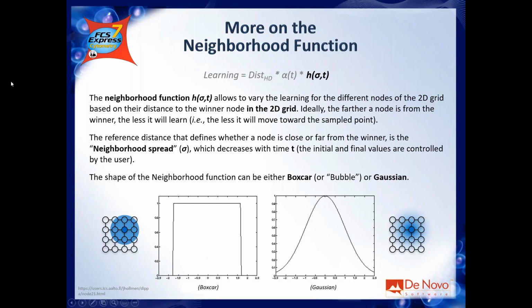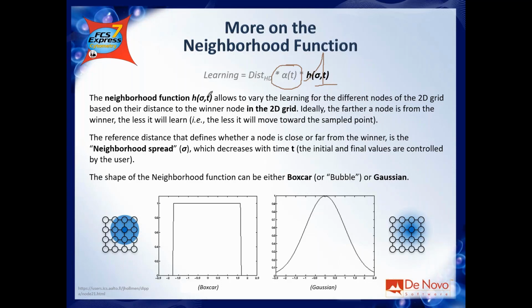The neighborhood function is always equal to 1 for the winner. This means that the winner only relies on the alpha. But for all the other nodes, the h has some value, which is usually lower than 1. So the movement that they go through is lower. So the learning is lower.